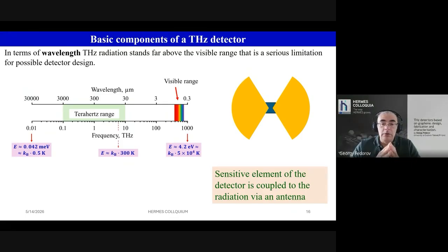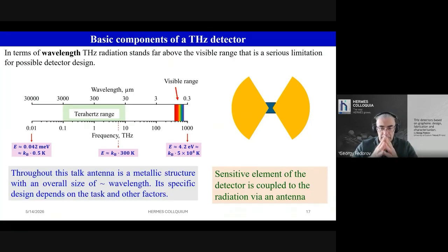Therefore, we inevitably, in most cases, want to use an antenna. We don't go into details of the antenna design, antenna impedance, whatever. For us, it's more like a metallic structure that complements our sensitive element to something that has a size approximately comparable to the wavelength of terahertz radiation. In other words, an antenna is a metallic structure that couples our sensitive element to the radiation that has much longer wavelengths.